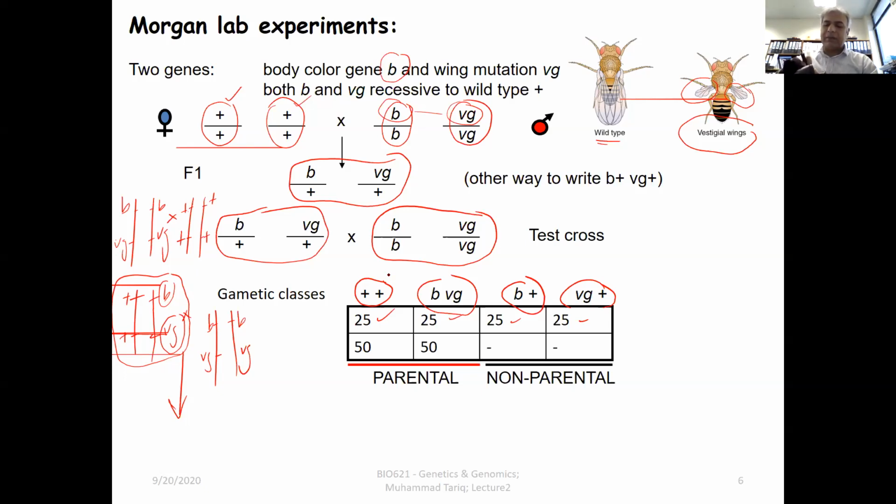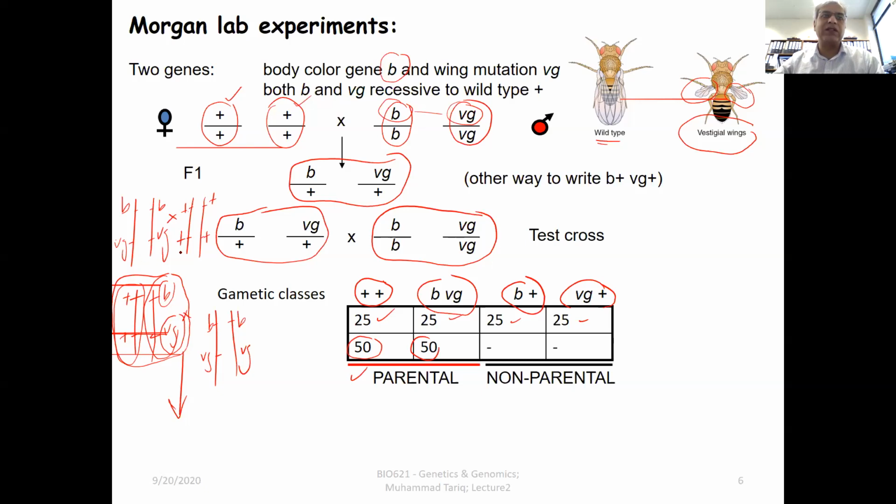In case of gametic combination, this is what they were expecting. If they are on the same chromosome, this chromosome during gamete formation should go to one gamete, this one to another. So we should get 50-50 parental traits.